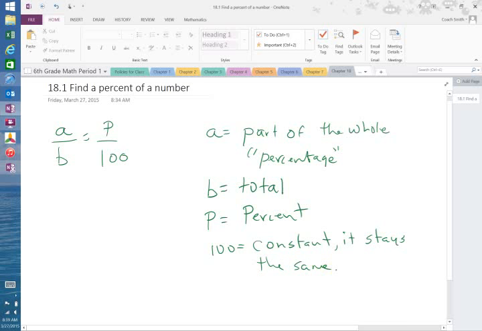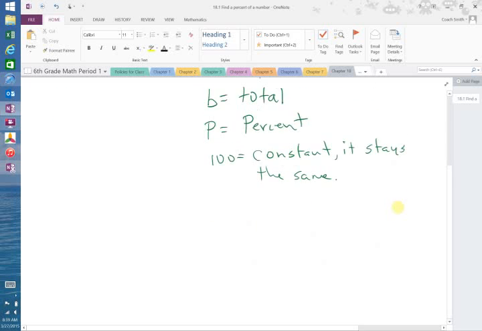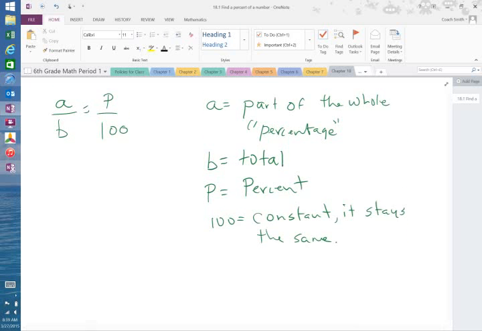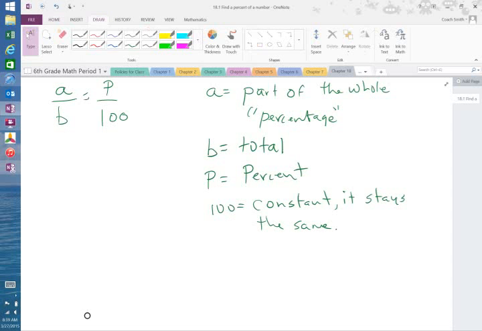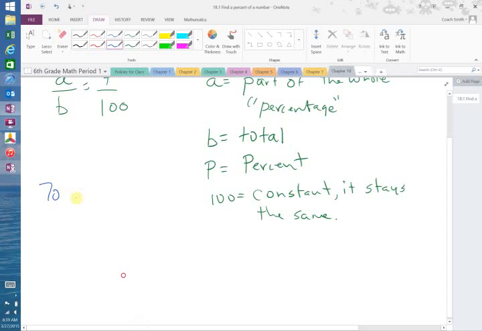So what they're going to give us today is that the first few sections of this are fairly simplistic, because you're going to be looking for the same thing each time. For example, the first problem that they give us is 70% of 100.